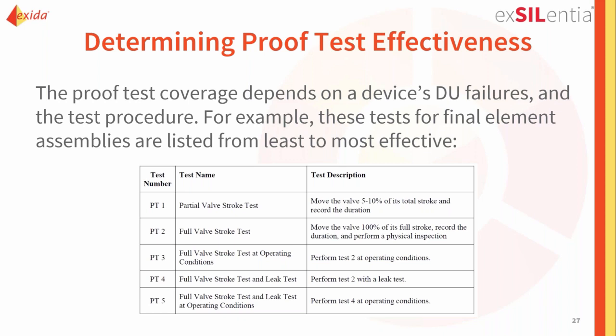The leak test requires additional equipment, or requires that you can measure pressure before and after the valve. Is that really worth that extra money, so to say, when it comes to running that test? Those are different questions that we have to ask when we're designing our safety instrumented function.